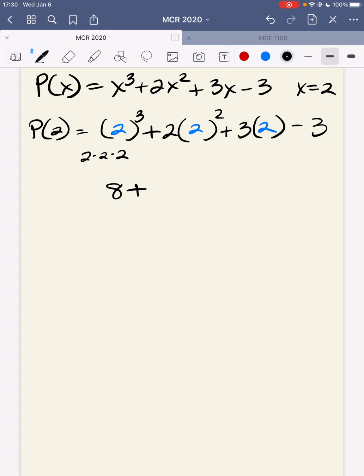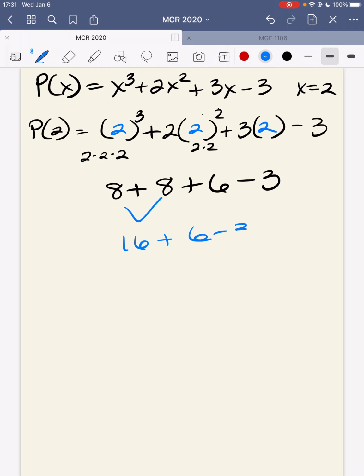Plus, I have 2 squared, which is 2 times 2, which is 4. And 4 times 2, which is 8. I have 3 times 2, which is 6, minus 3. And I'm going to continue going left to right, following my order of operations. So 8 plus 8 is 16.